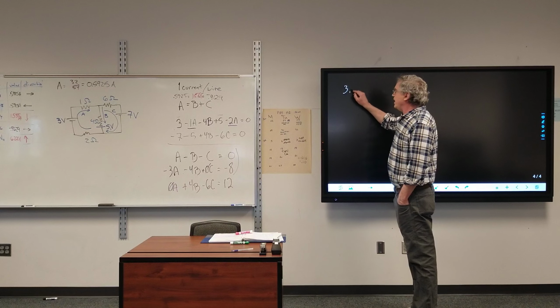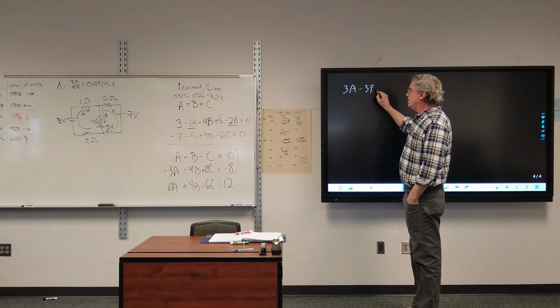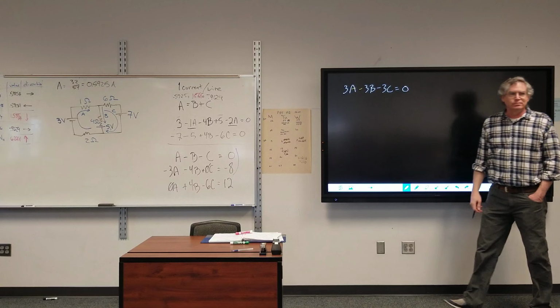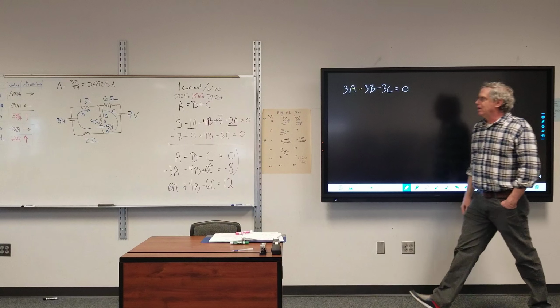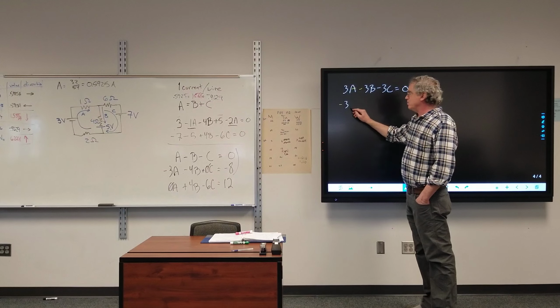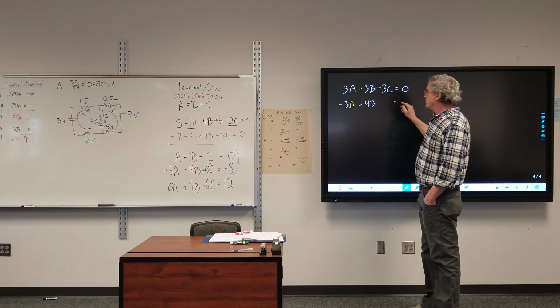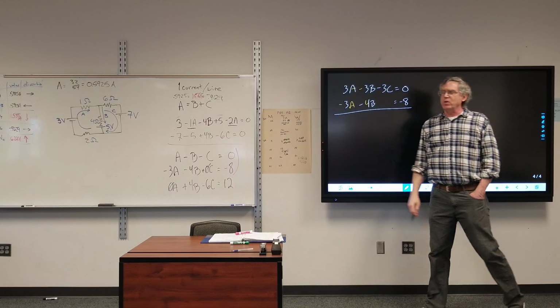So I have 3a minus 3b minus 3c equals 0. The second equation I'll just keep as is, minus 3a minus 4b equals negative 8. And then I just add the equations.